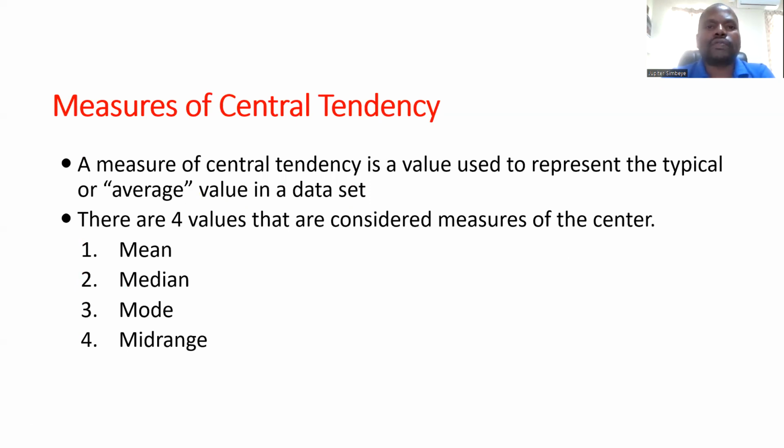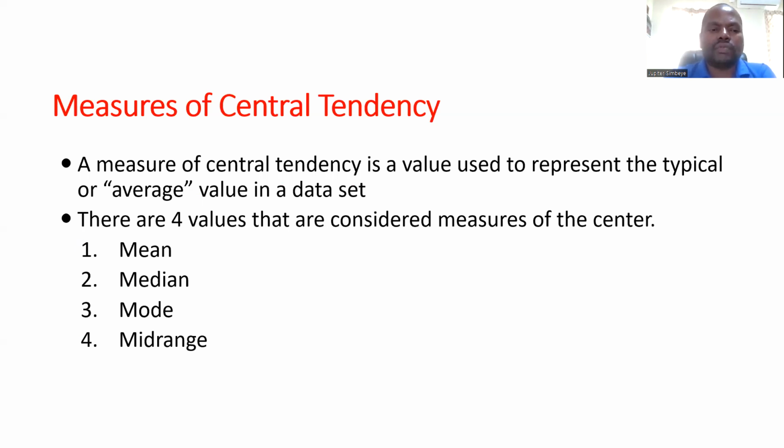So when you have a set of observations, you want to check what is a typical value that I can identify in this data set, which I can use as a summary for the entire data set.